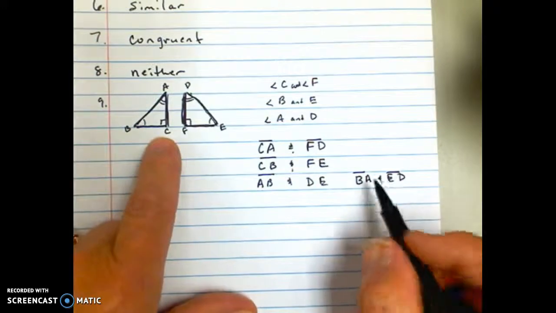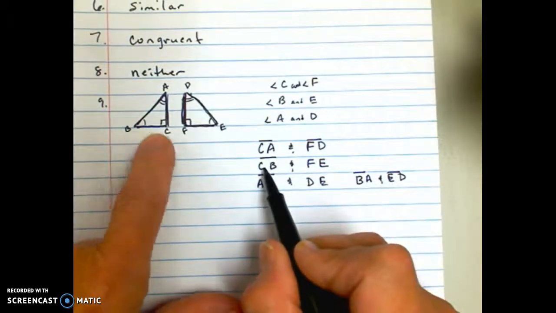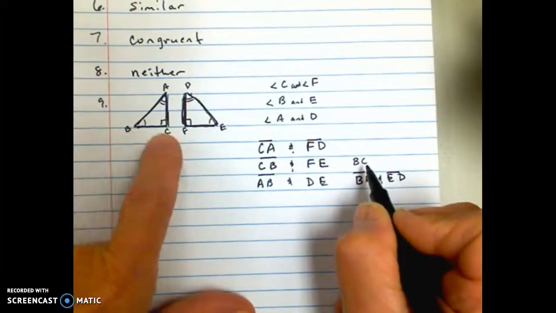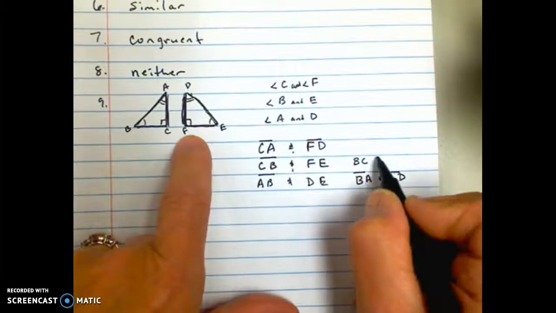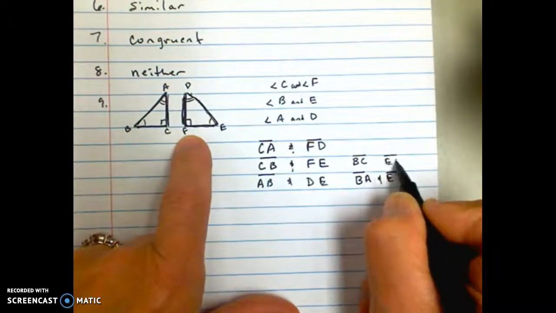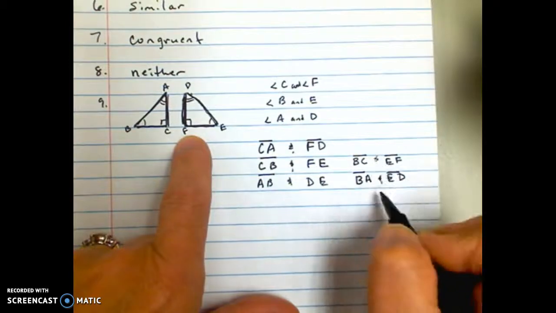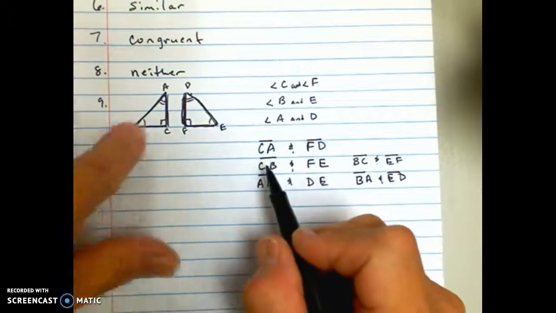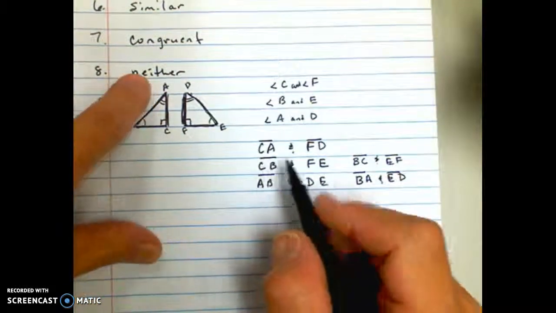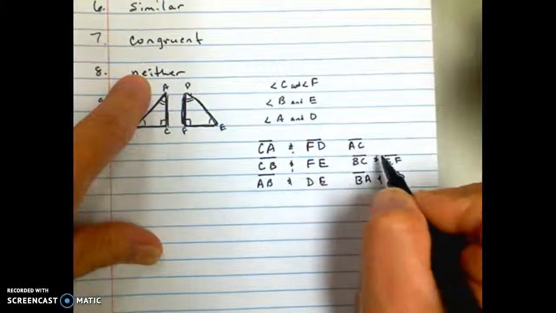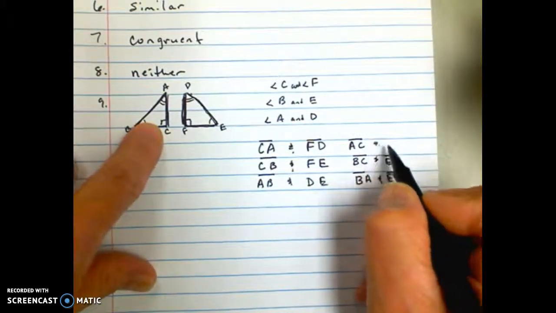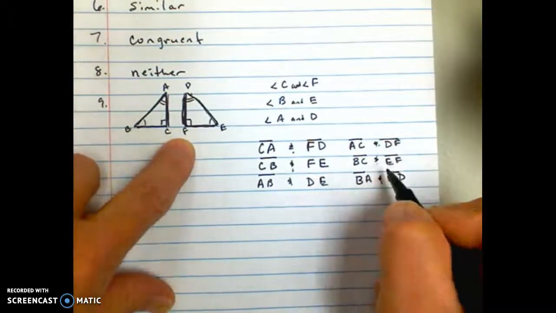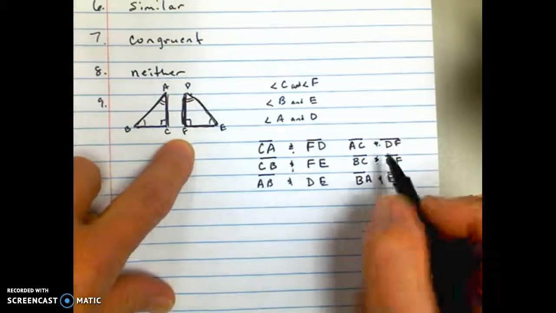And of course that would follow the same way: if we went from CB, we could go from BC, and then we could go from E to F. Those would match. And of course for the last two, instead of CA, going from the right angle to the acute angle, we could go from A to C, line segment AC, to line segment D to F, in that manner.